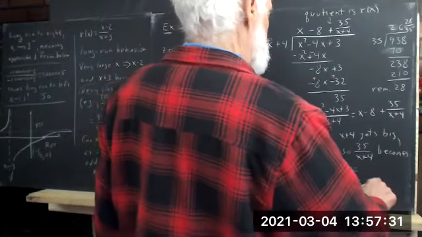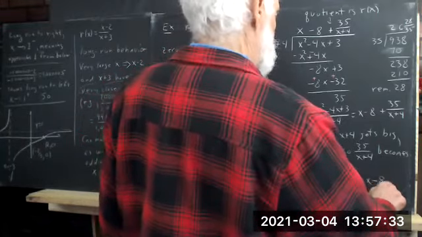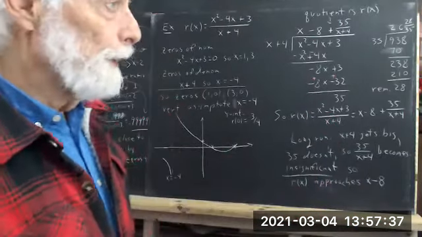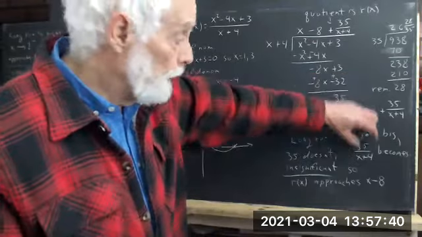So R of x approaches x minus 8, the x minus 8 that we have here.